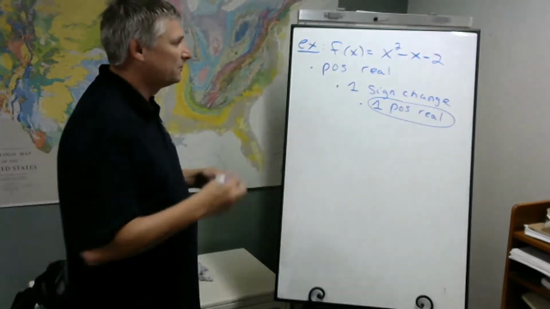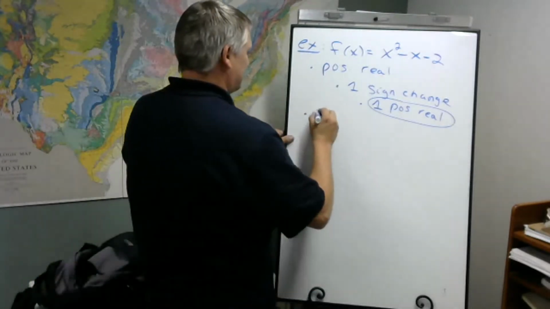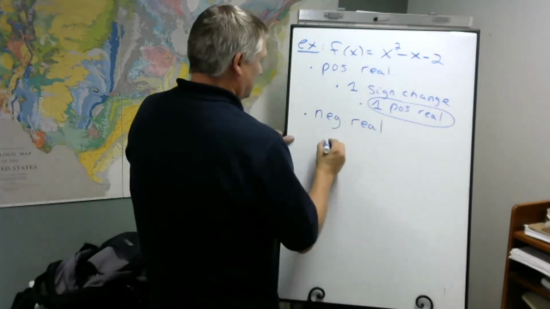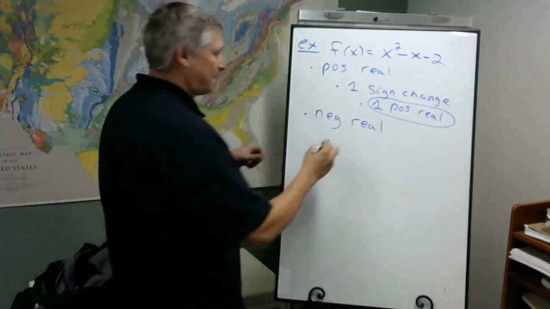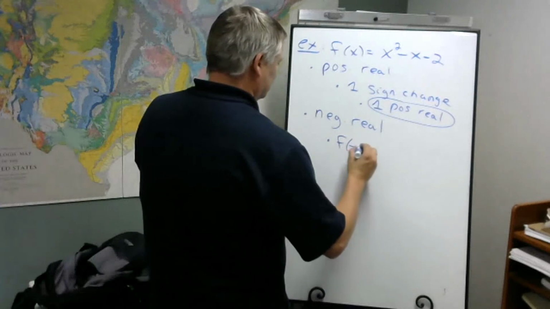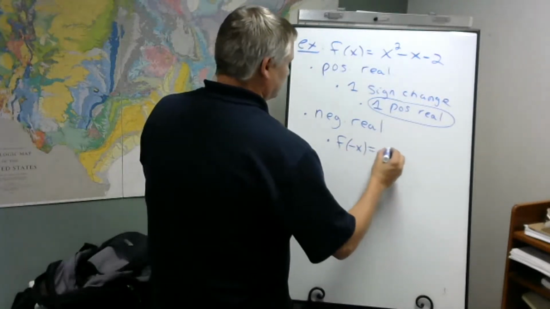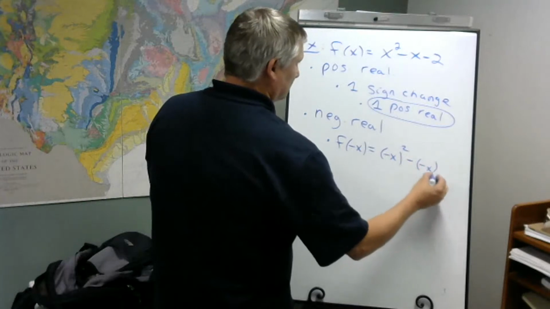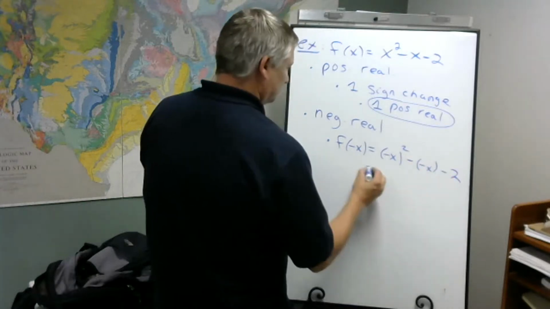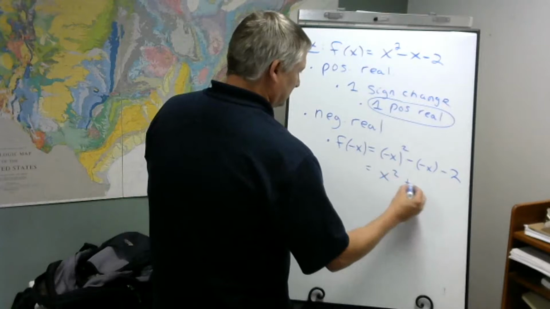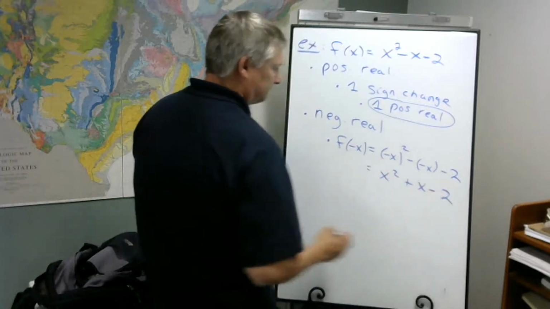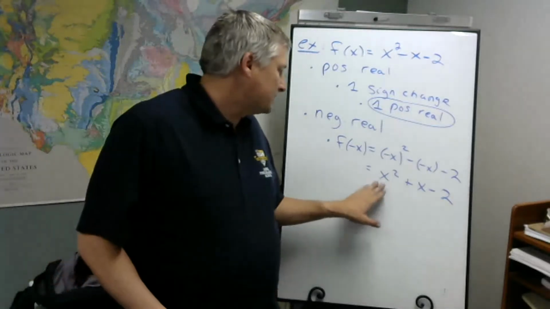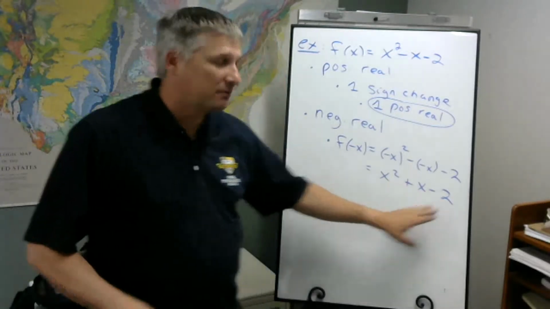All right. So for negative reals, well, we need to look at f of negative x. And in this one, we get one sign change. Positive, positive, and then the negative.